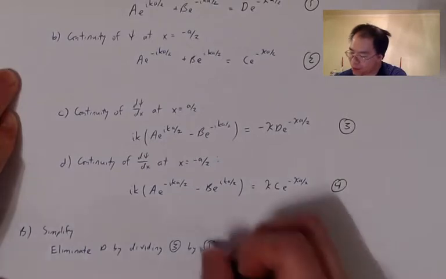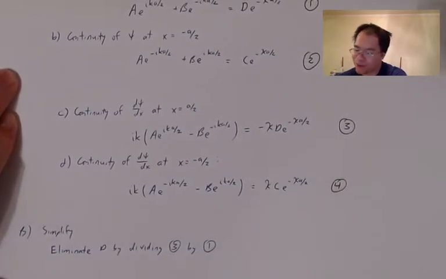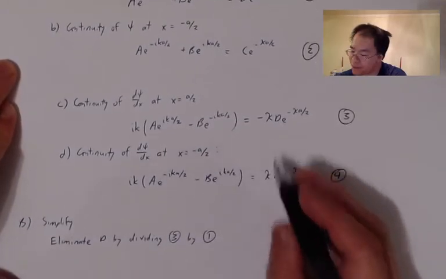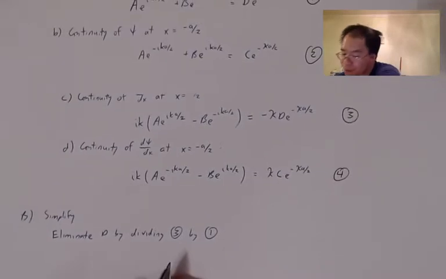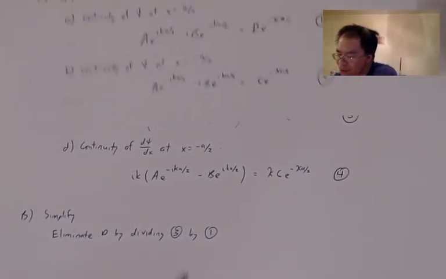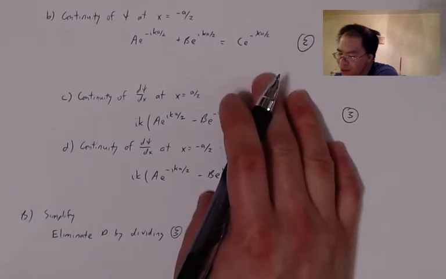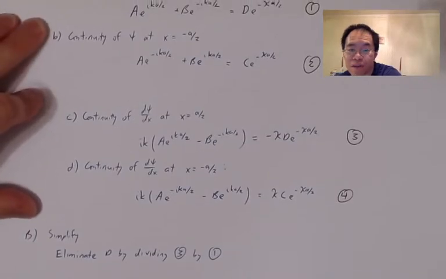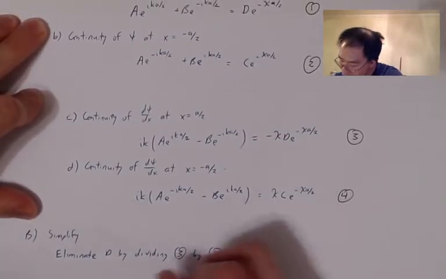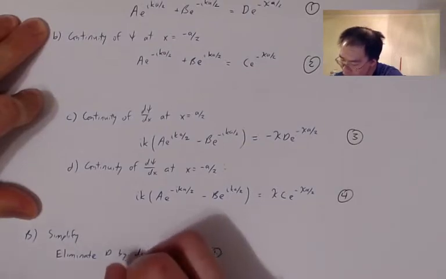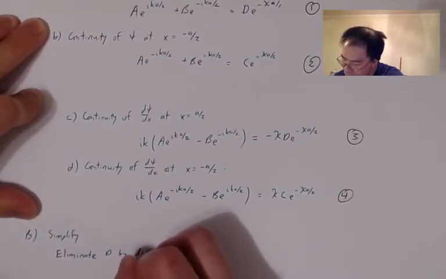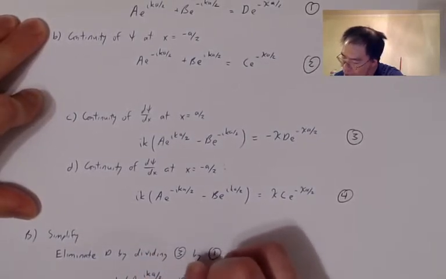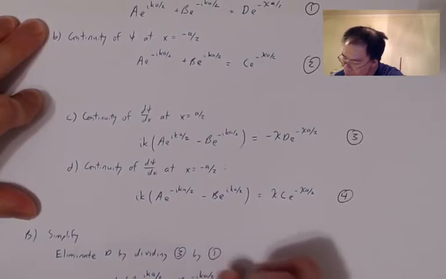So doing that, if I just divide both sides, then for the left-hand side of 3 we have ik quantity a e to the ika over 2 minus b e to the minus ika over 2.